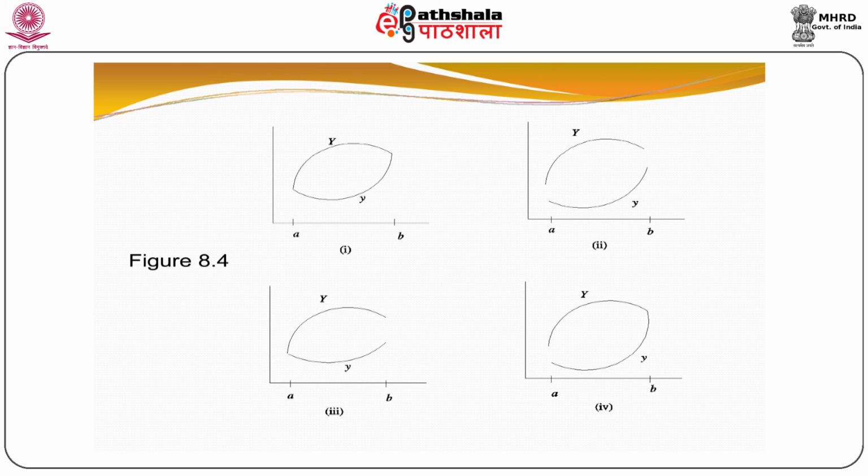In the fourth figure, both curves meet at the upper end, but they do not meet at the lower end. End points are considered in those 4 figures at a and b, that is kept constant for the 4 figures.